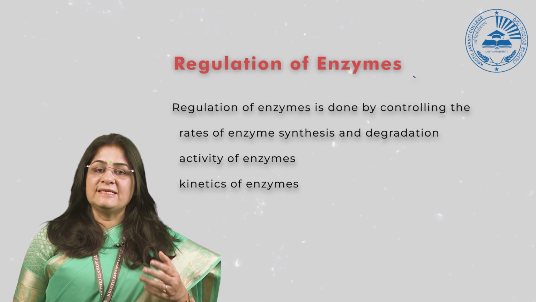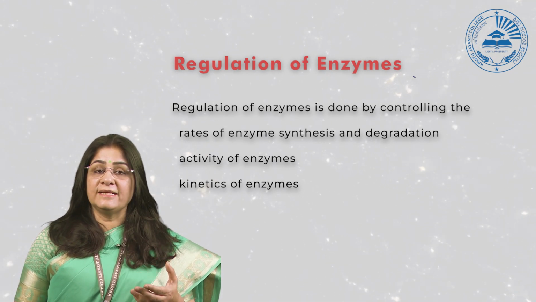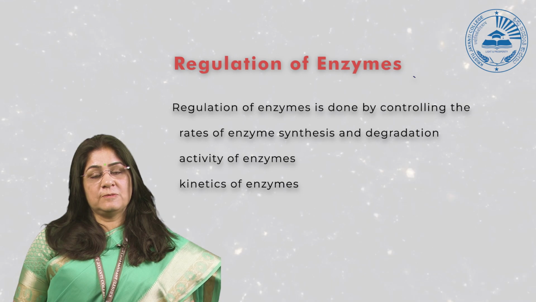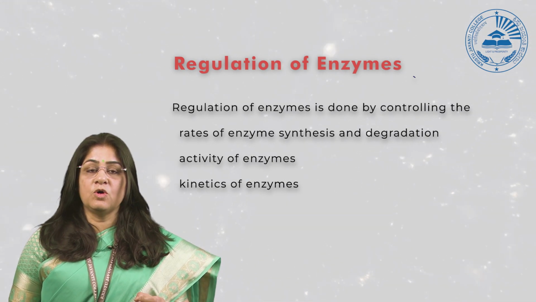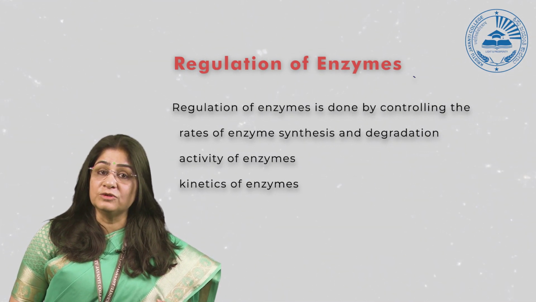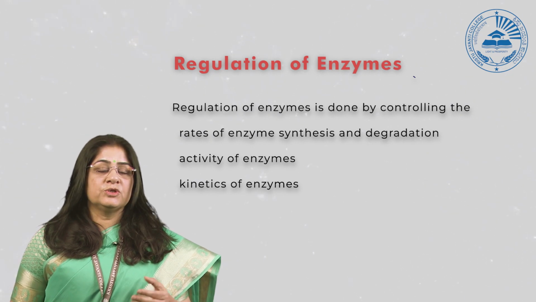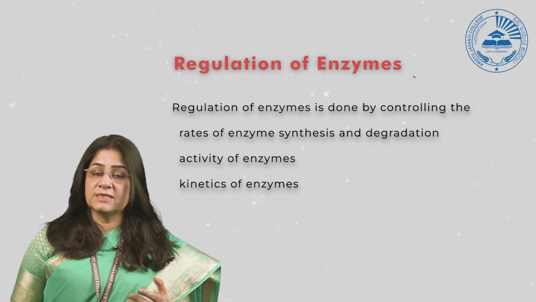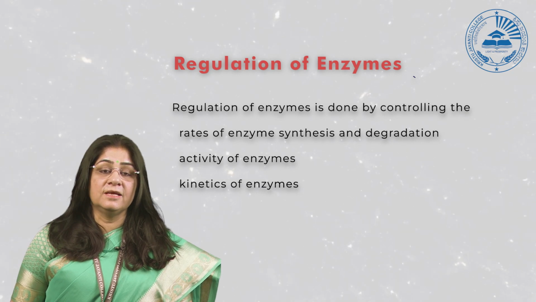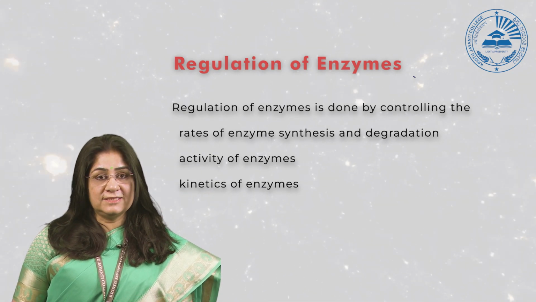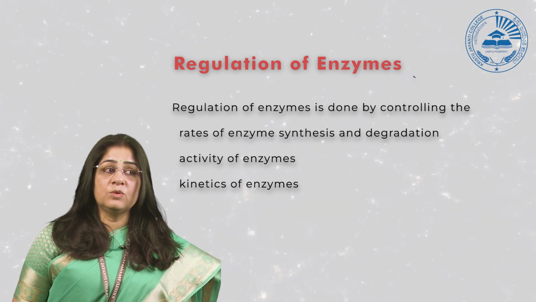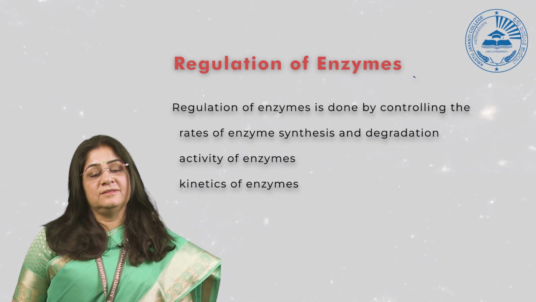In short, it is regulating the way in which the substrate is bound to the enzyme, or it is targeting the affinity of the substrate to the enzyme. So, these are the three ways in which the enzyme is regulated. Number one, rate of enzyme synthesis and degradation. Second, activity of the enzyme, and third, kinetics of the enzyme.